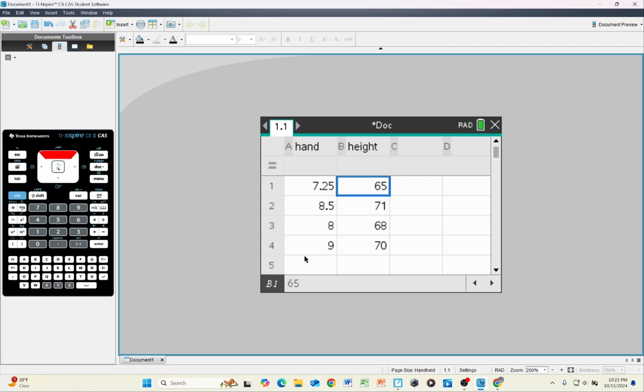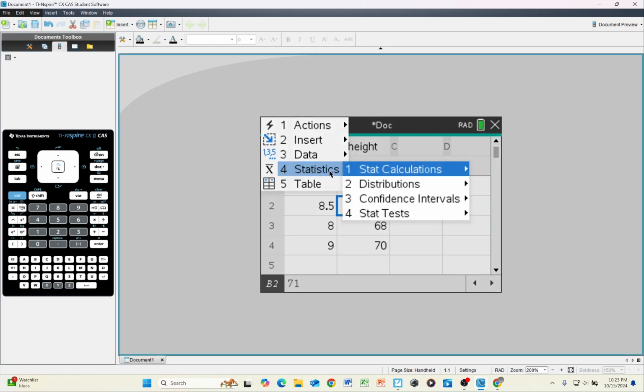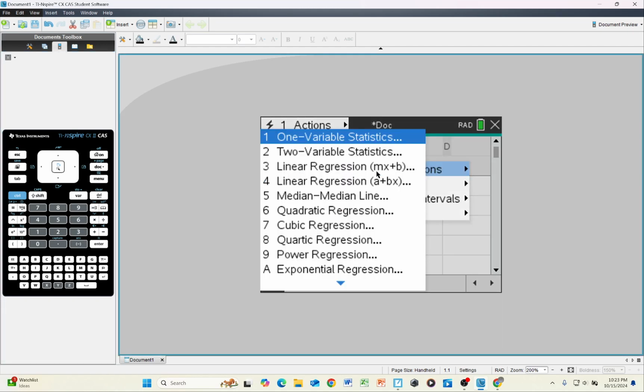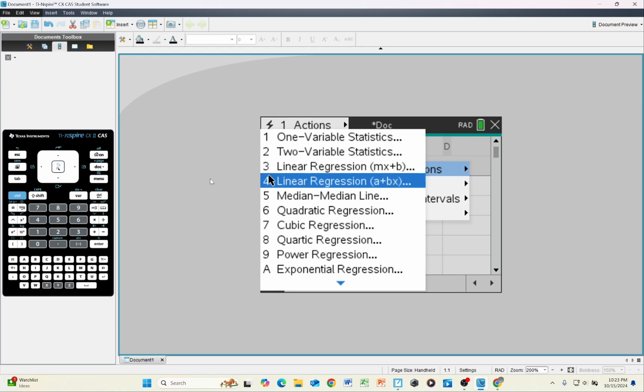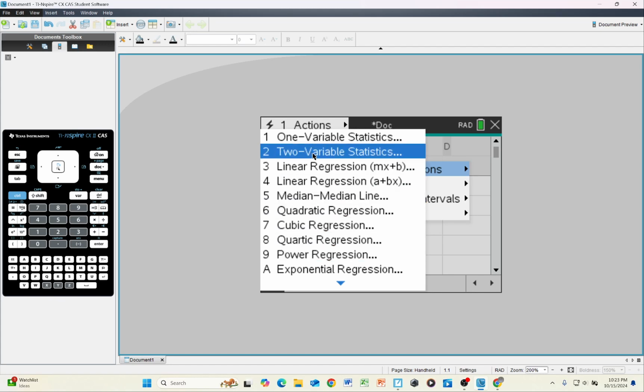Here's what you do. I'm trying to see where I should put my cursor. Let's just leave it here. I'm going to press menu, go down to statistics, and we could do stat calculations. Yes, we're going to go to stat calculations, and it'll ask you to do a few different things here.